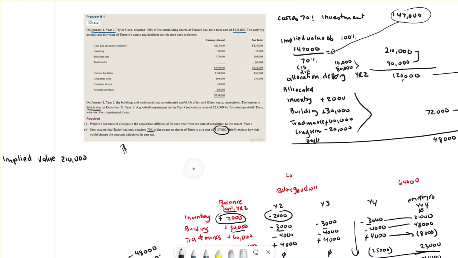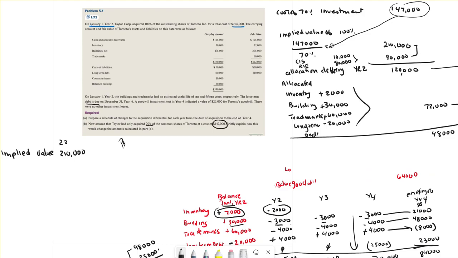The previous question was the value was 226. The implied value went down, so the difference was 16,000, which is less. So if it's less than the cost of the investment, this will impact my goodwill.